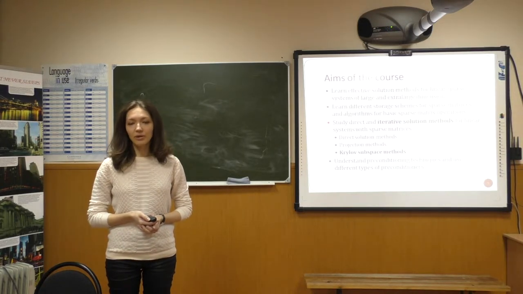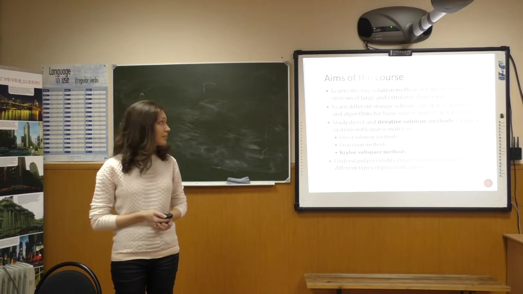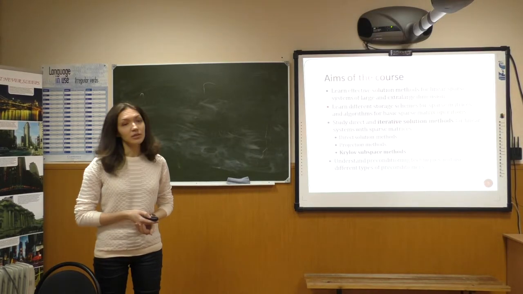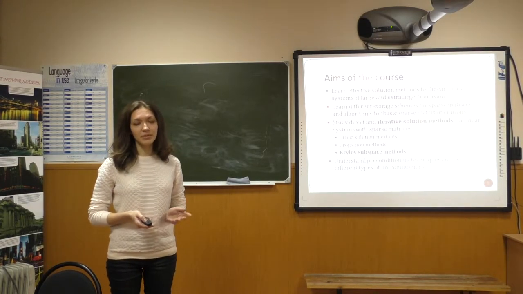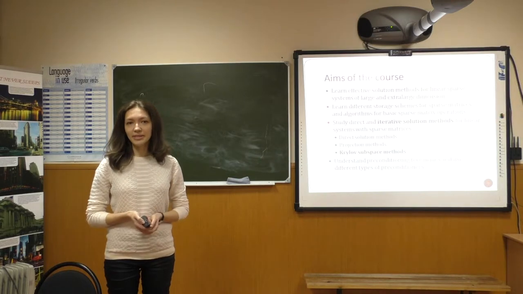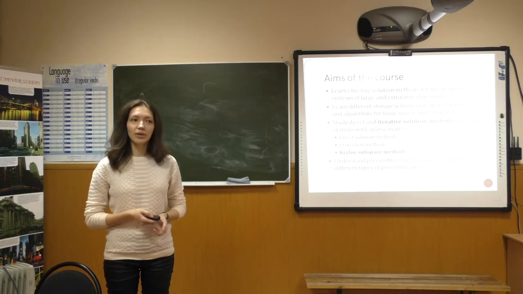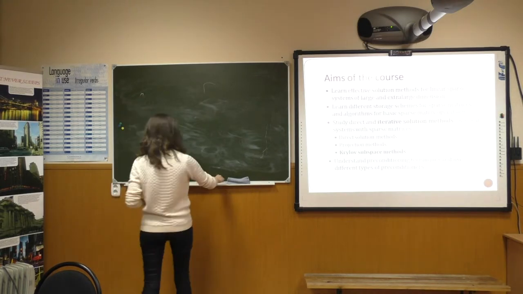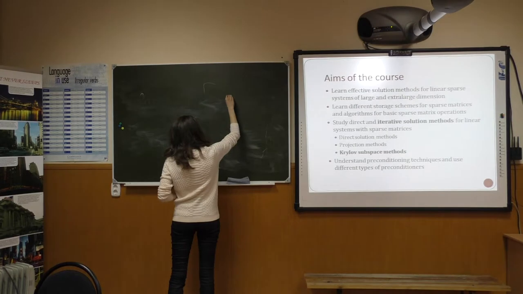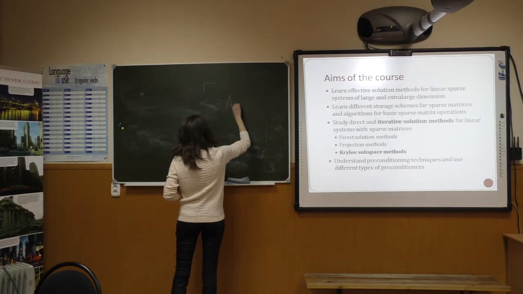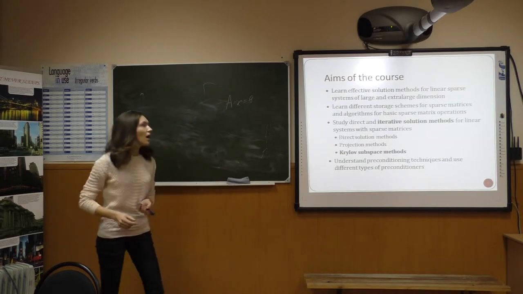They have very large dimensions, and so any problem of mathematical physics, especially with complex geometry, after discretization we will get the system of linear equations with a sparse matrix A.